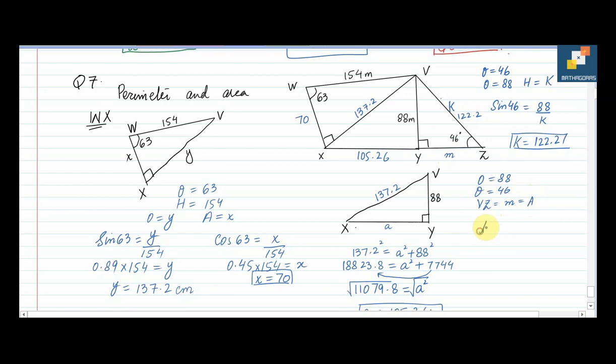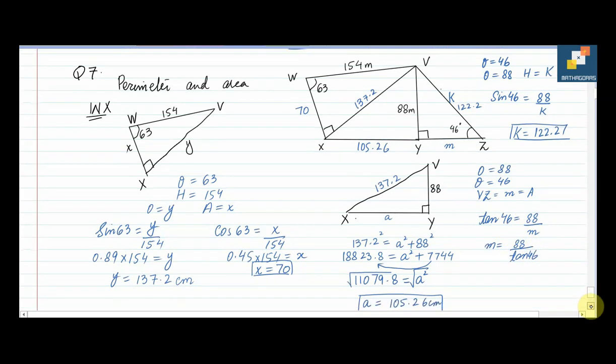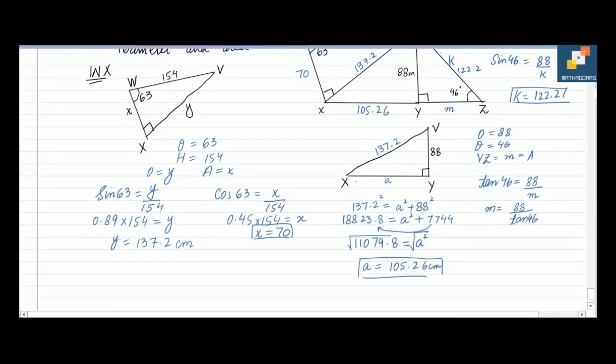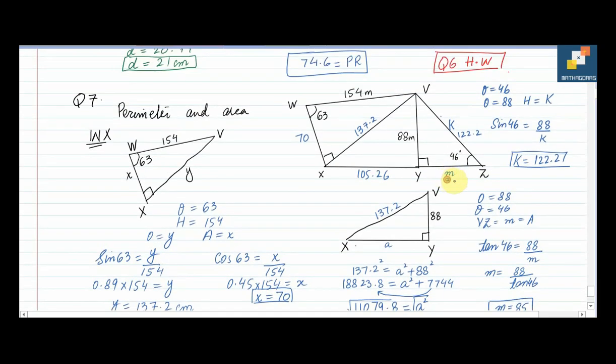It's tan. So tan of angle 46 is equal to opposite 88 divided by adjacent M. So M will be equal to 88 divided by tan 46. So 88 divided by tan 46 is 85. So M is equal to 85.